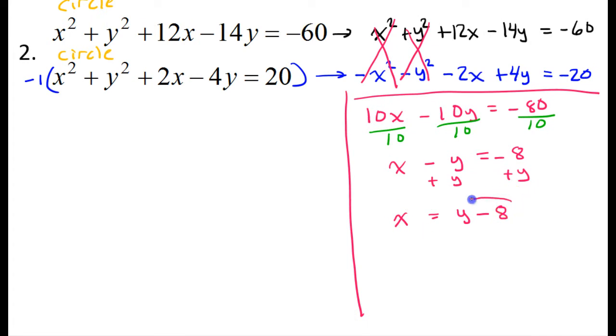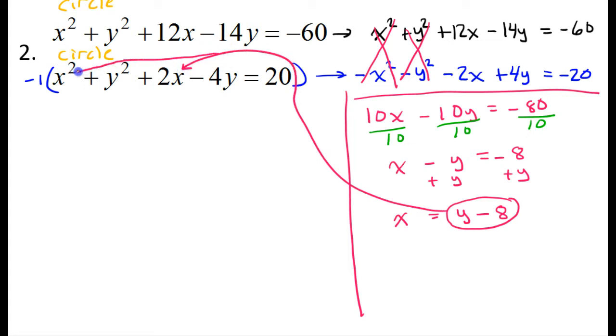Since x is equal to y minus 8, I can take this and substitute it back into one of the original equations. So I'm just going to use the lower equation, and I'm going to take this x and substitute it right here and also right there.